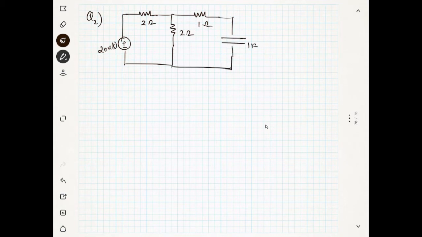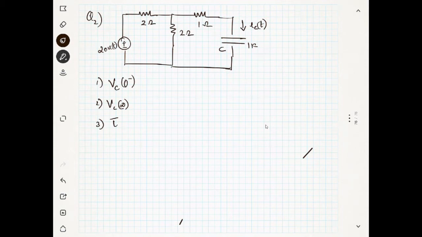The current through the capacitor is IC of t. We have to find first VC of 0 minus, second VC of infinity, and third the time constant of this circuit.